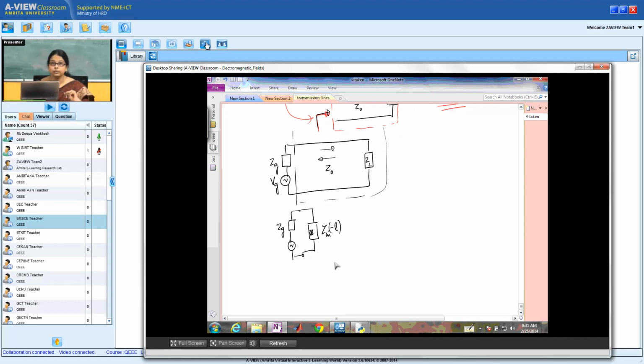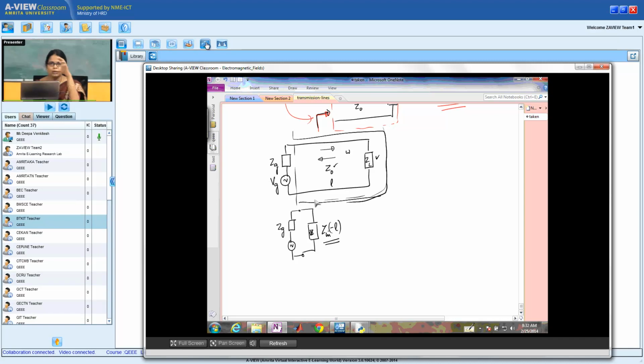So all we are saying is the effect of the line with the load can be considered by just replacing the line and the load with an equivalent impedance Zin at minus L, which can be calculated knowing the length of the line, Z0, frequency and ZL. These 4 parameters decide my input impedance of the line with the load.